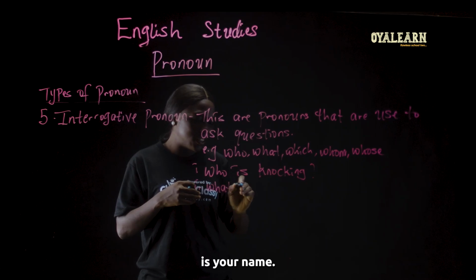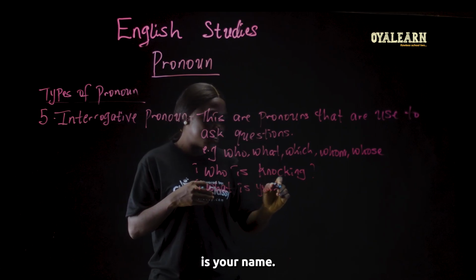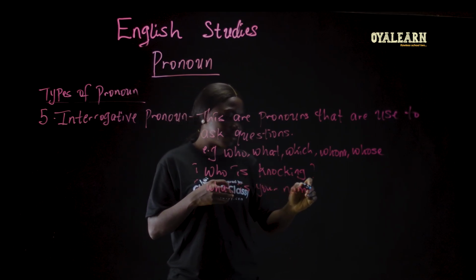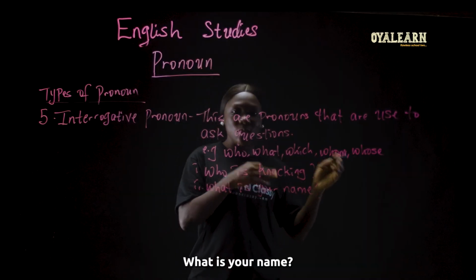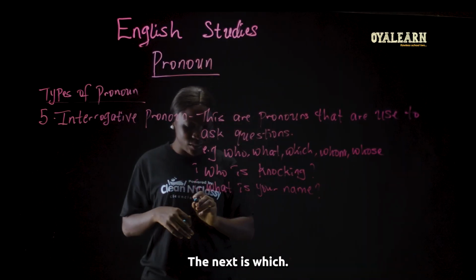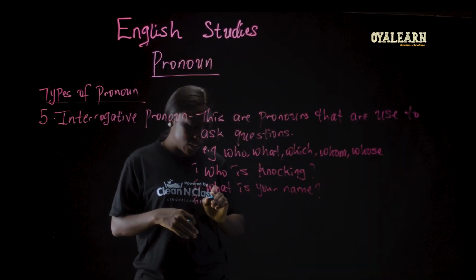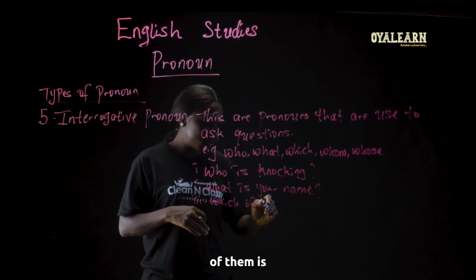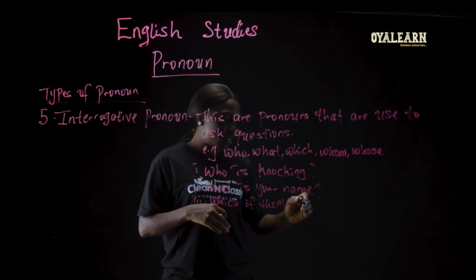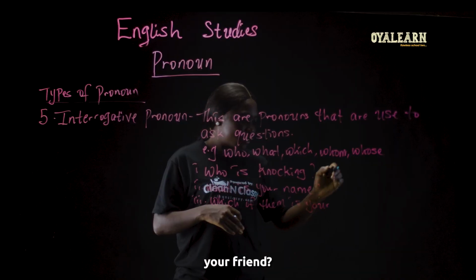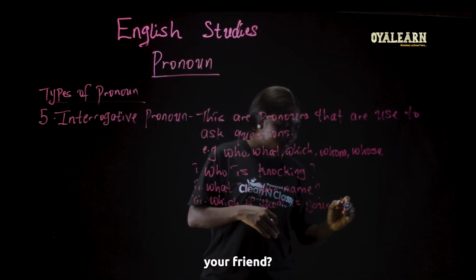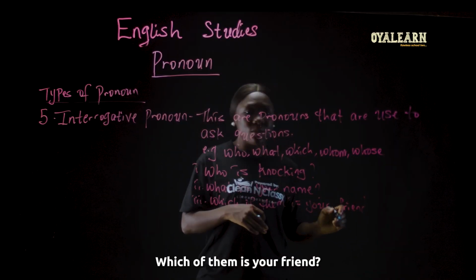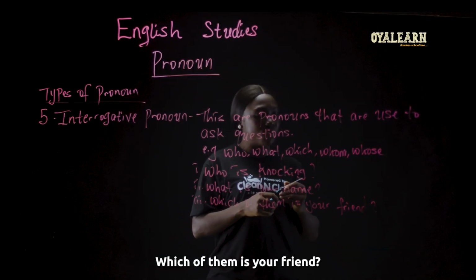What is your name? What is your name? Then the next is which. Which of them is your friend? Which of them is your friend?